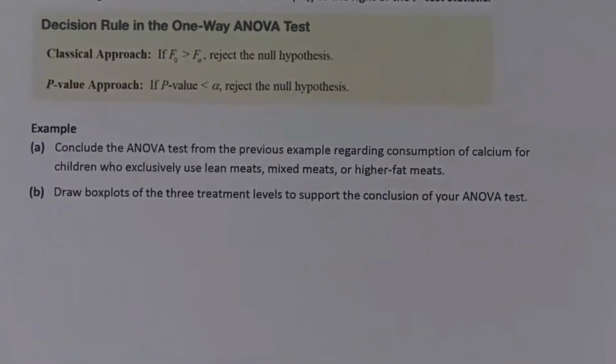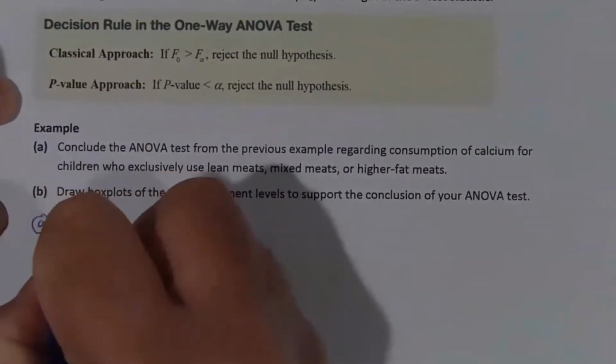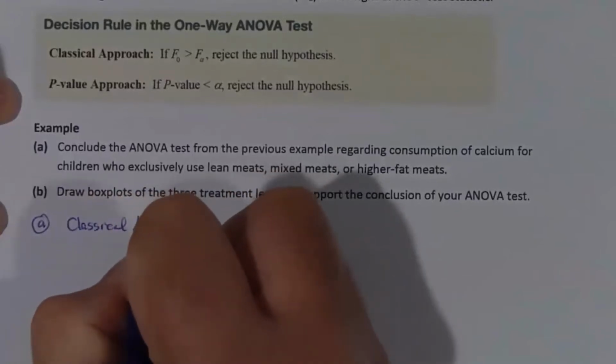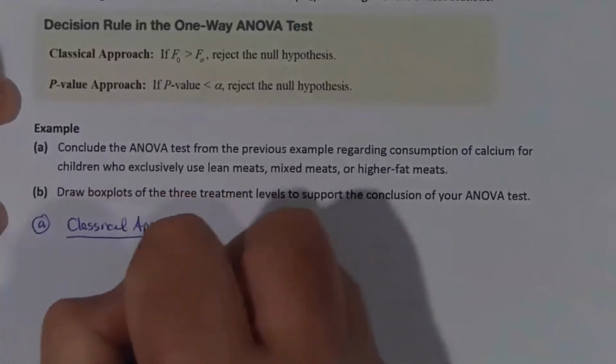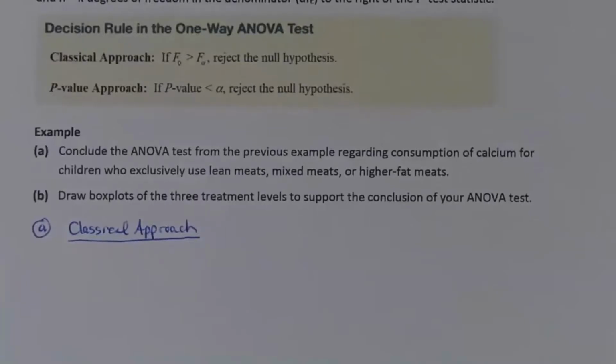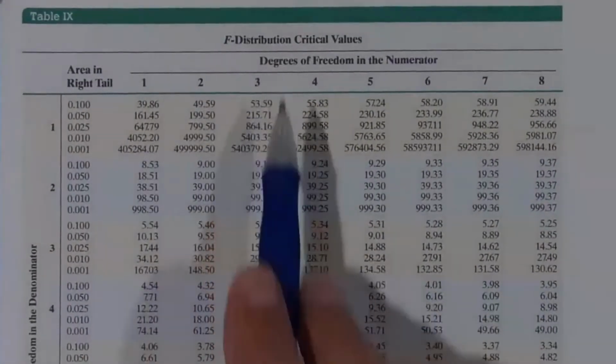So if I use the classical approach for the ANOVA test, then I need to find a critical value. So here we have the F distribution table from the appendix of our book, pages A-16 through A-19 gives us different values.